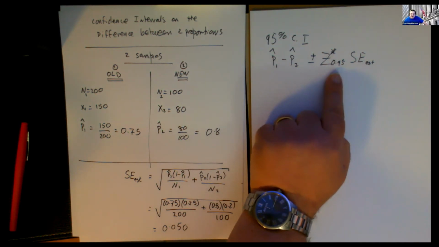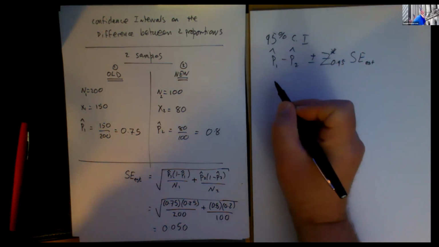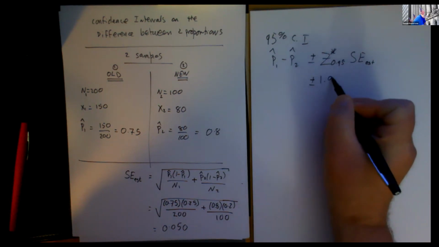This weird guy, Z star 0.95, do you know that's a placeholder for a number? And there's only 3 numbers you ever use in any kind of confidence interval, right? Do you remember which one is the 0.95 one? 1.96. That's the one. So it's going to be plus or minus 1.96.